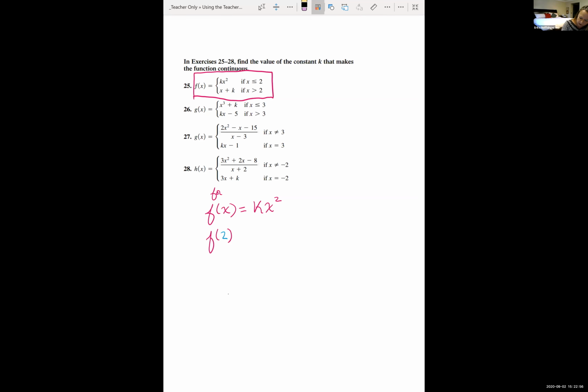This would equal k times 2 squared, which is 4k. Oops, I said 2, but then I already squared it. So 2 squared is 4, so 4k.